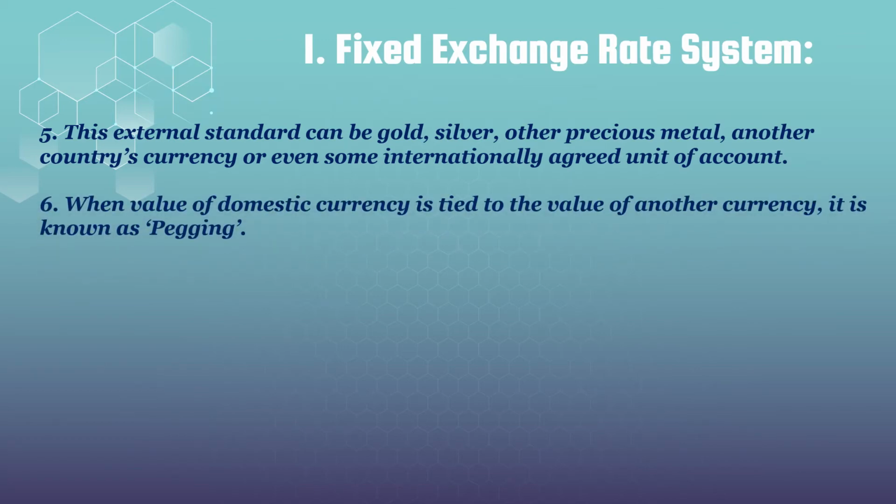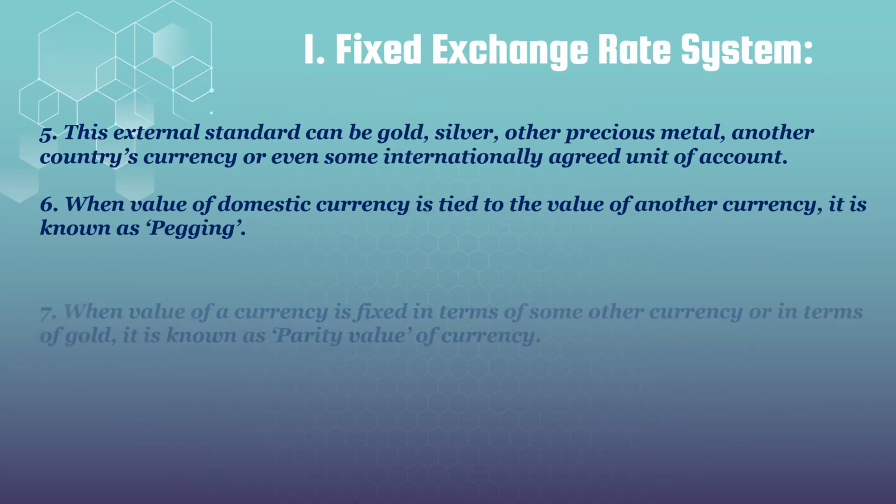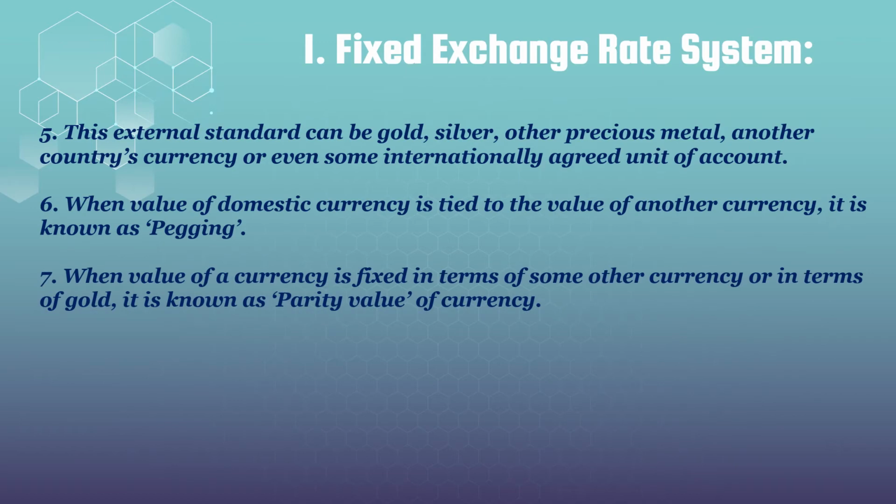When the value of domestic currency is tied to the value of another currency, it is known as pegging. As we have already discussed, the fixed exchange rate system is also known as the pegged exchange rate system. So, when we purchase foreign currency in exchange for Indian currency, we call it pegging, as both are tied.